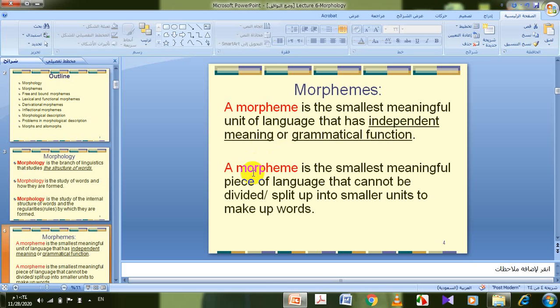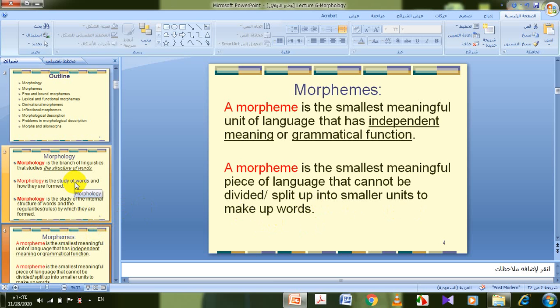So again, we have another definition. A morpheme is the smallest meaningful piece of language that cannot be divided or split up into smaller units to make up words. It can't be broken up into smaller units.